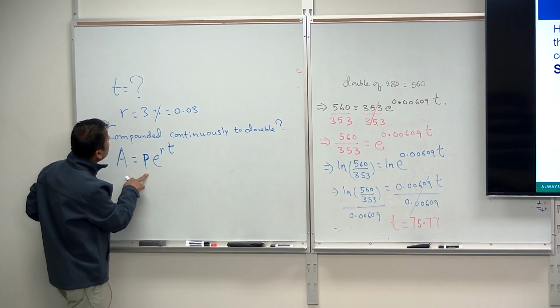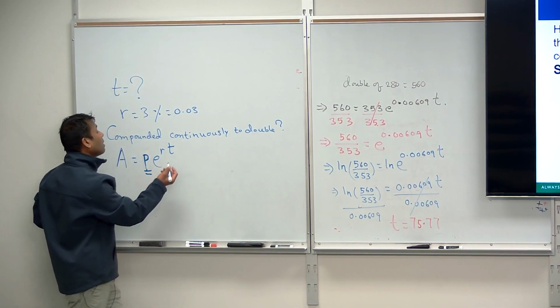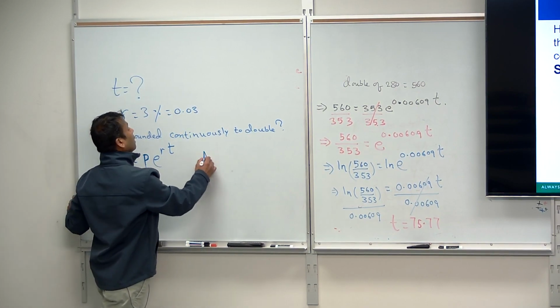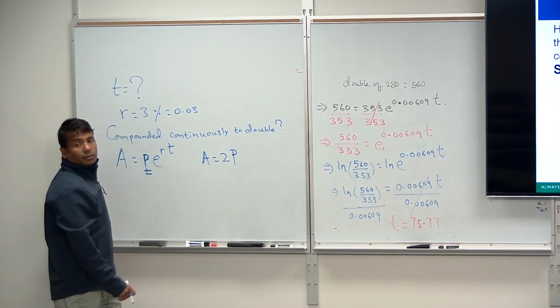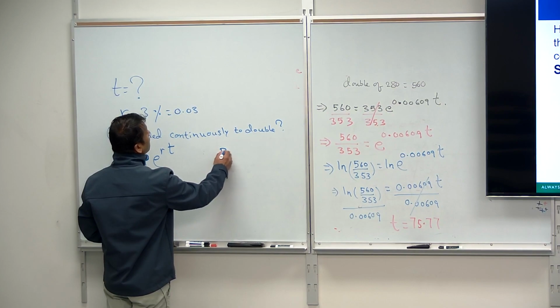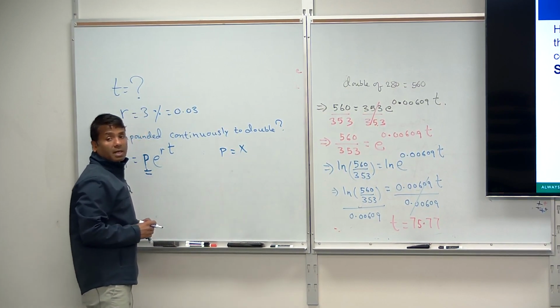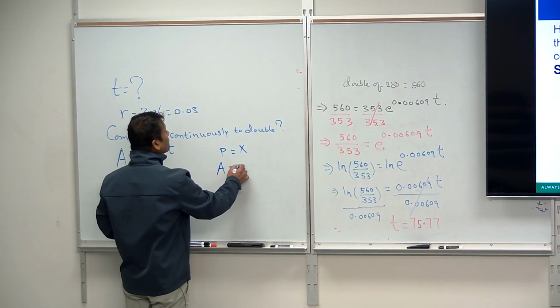So you have to find out how long does it take to double this money. So to double this amount, that means the amount will be equal to what? 2 times P. Or you can think of it like it's the same thing. If you consider that your initial amount is X, so when it doubles, it will be 2X.